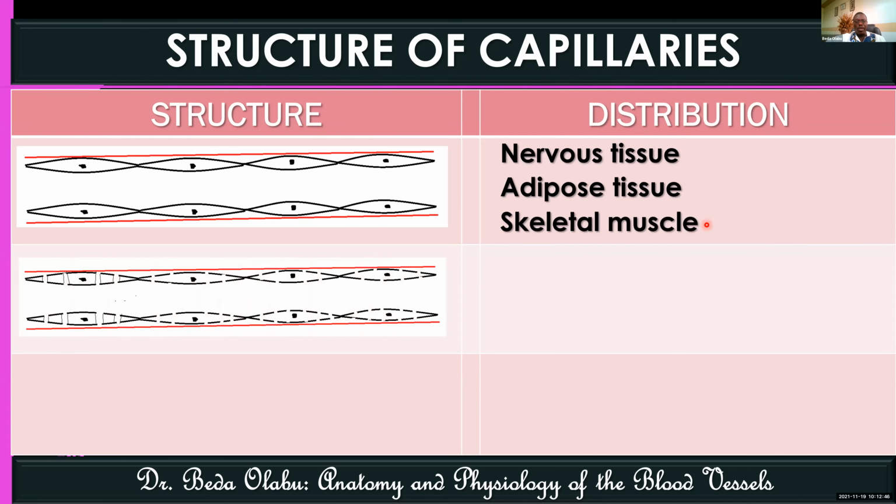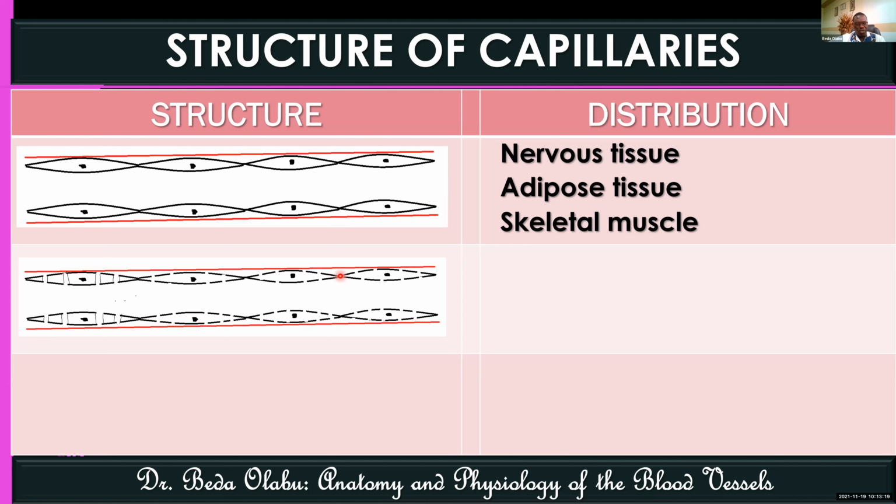The second type of capillaries look like this. Now look at that. Let's start with the basement membrane. It looks intact throughout. That's okay. Look at the gaps between endothelial cells. The endothelial cells are attached to one another again, just like continuous capillaries.